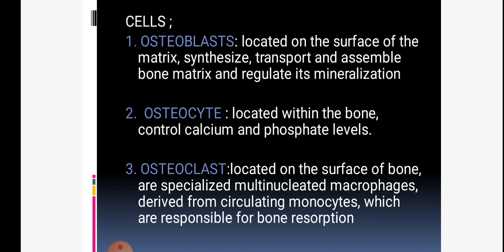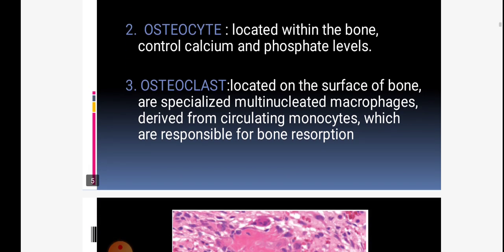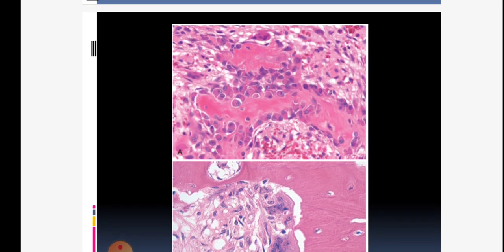Osteoclasts are very important even when it comes to a viva question or a 3 marks question. Located on the surface of the bone, multinucleated macrophages derived from circulating monocytes. So these are basically the derivatives of the monocyte macrophage system, which are responsible for bone resorption.